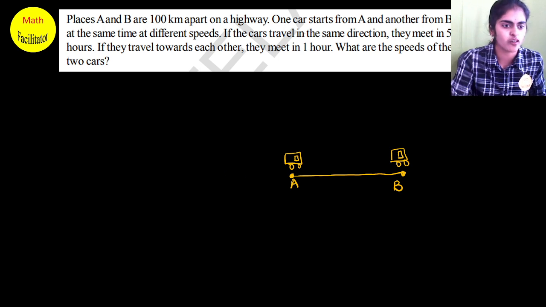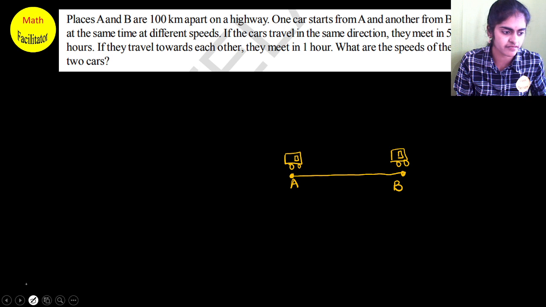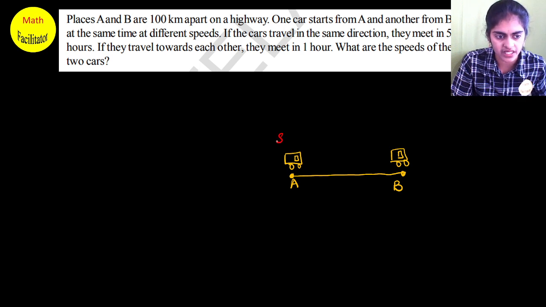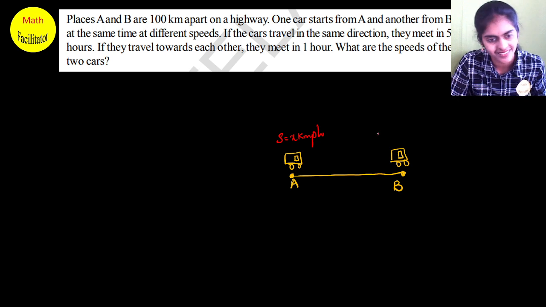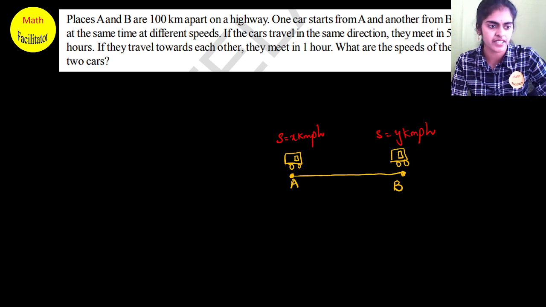They also told you one car is starting from A and one car is starting from B at different speeds. So let me take the speed of the first car as x kilometer per hour. How do you measure speed? Speed of the second car is y kilometer per hour. Till here is it clear? x kilometer per hour and y kilometer per hour.